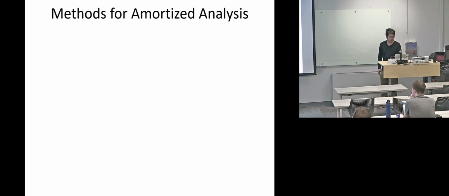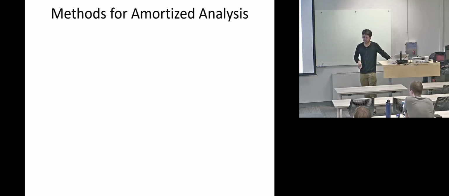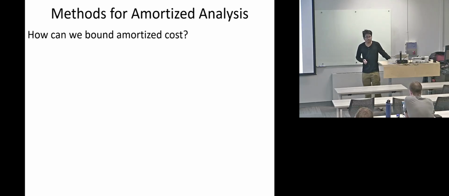Good. So now, many times amortized cost is going to be much smaller than worst case cost. The question is then how can we bound this cost? We have seen some ways to do this.